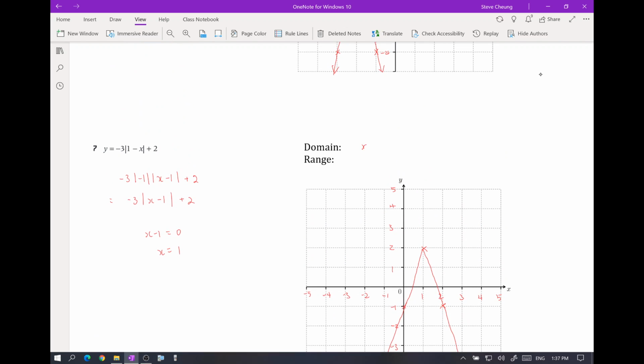Let's go up and complete the domain. All real numbers. Range will be anything less than or equal to +2.